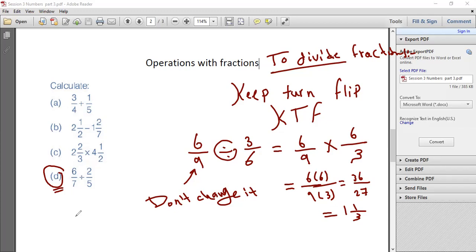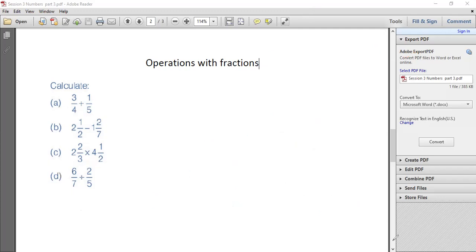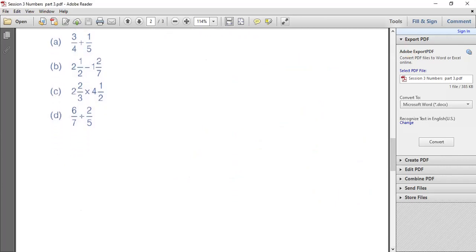Ahmed, are you done? Okay, yalla. Why is it like this? 16/7. Put it in simplest form. Use the calculator. I put it in the calculator and it gives me 15/7.